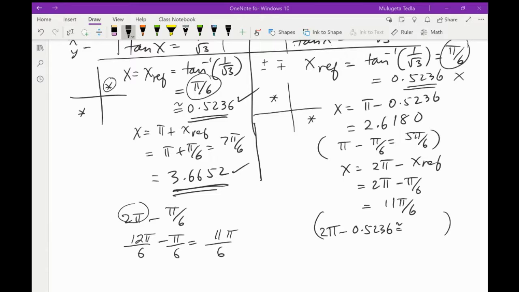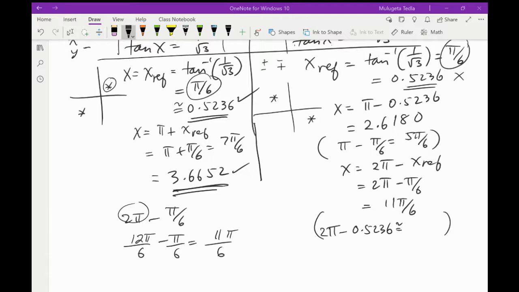Since it's in the fourth quadrant, we find the standard angle by 360 minus the reference angle, so 360 minus 30 is 330 in standard form, and the equivalent radian measure is 11 pi by 6.